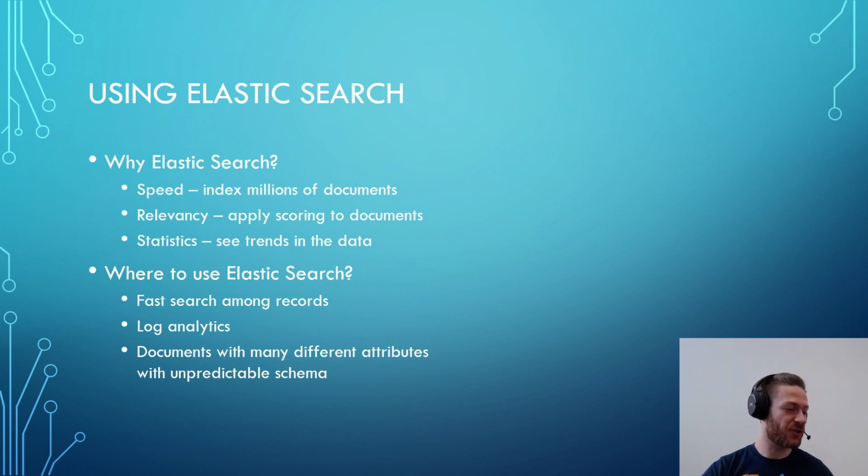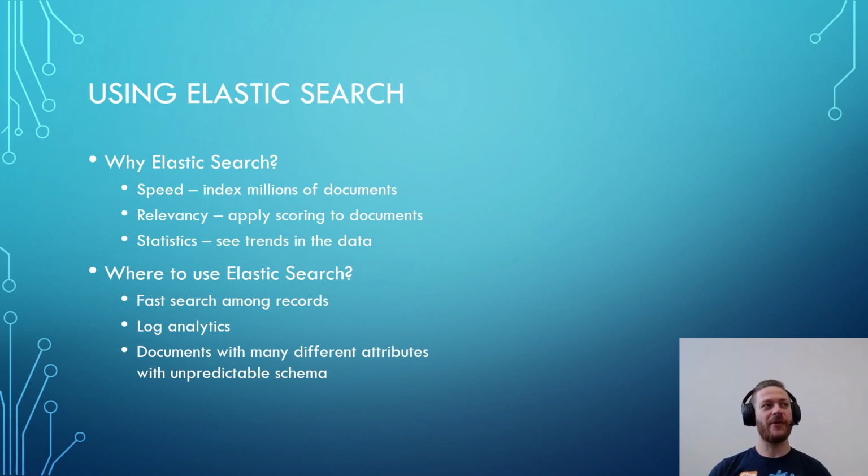For example, if you search for, let's say, boots, again Elasticsearch will find every single document in which you have the word boot. But if you search for boots and dresses, it will find both boots, it will find dresses, but it will find boots and dresses in the documents.